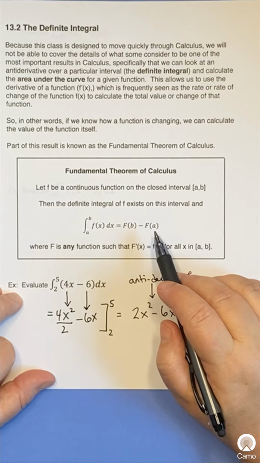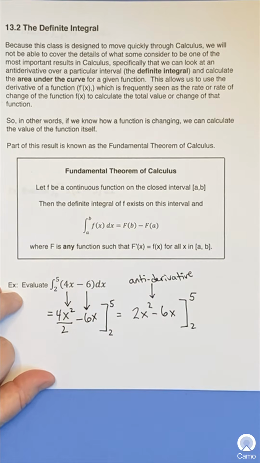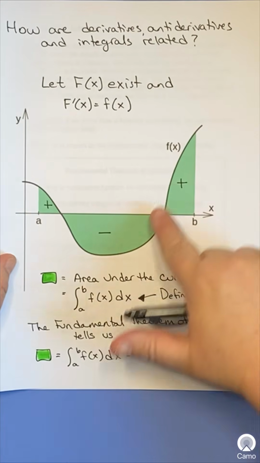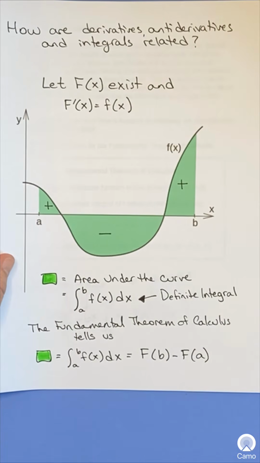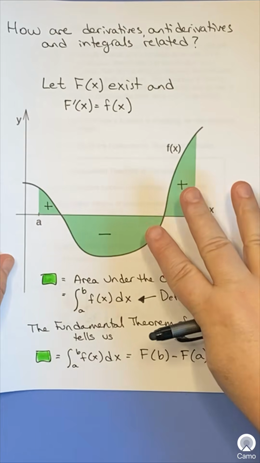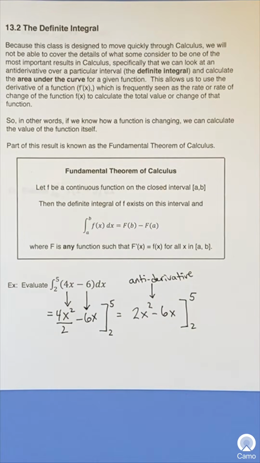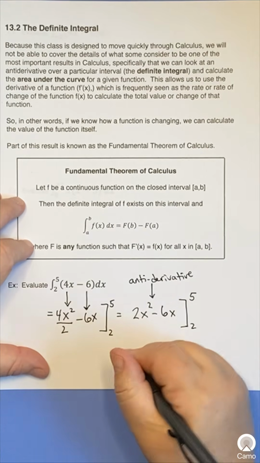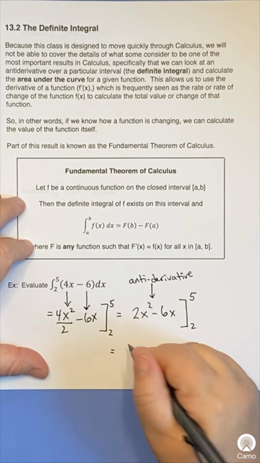So the really amazing thing is, even though we've got this whole area and this whole thing, that's with lowercase f. But if you know what the antiderivative is, you only have to evaluate it at 2 spots. So I'm going to apply 5.